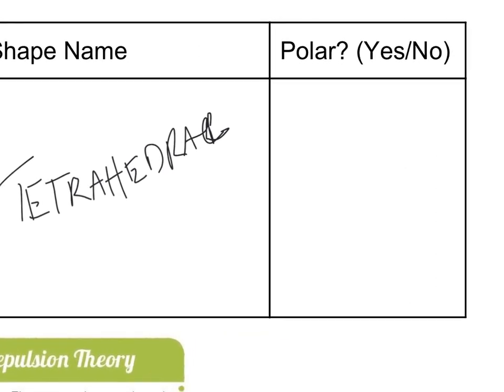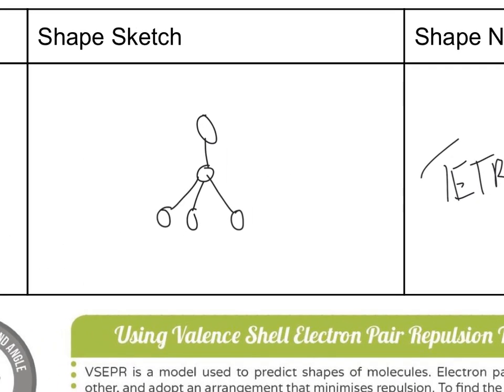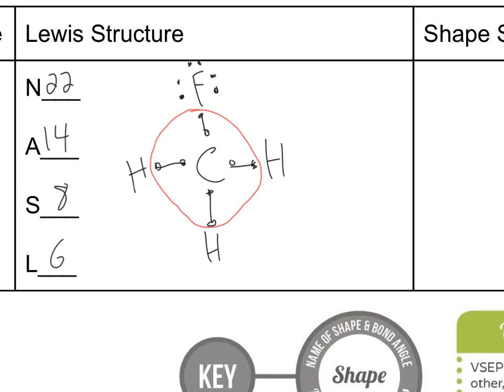Okay, polar or not. Very, very often, tetrahedral is nonpolar because if you look at the shape sketch, it looks like it's got 4 corners of a pyramid that are all the same. However, in this case, we have one corner, in this case where I put it would be the top of the pyramid, that's different from all the other corners. It's a fluorine.